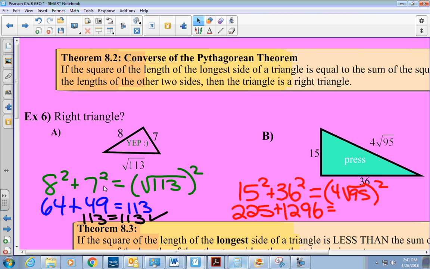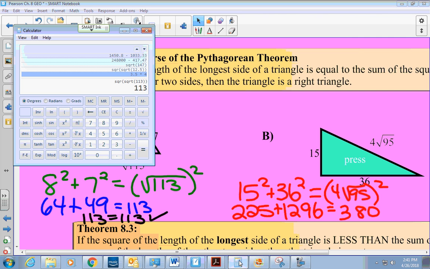Now parentheses, 4 root 95, close parentheses, square. It's 380 then? Okay. Let's just double check because that's a little bit difficult one.